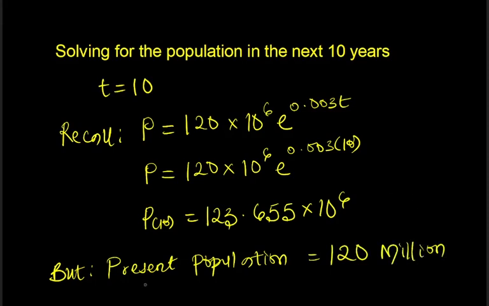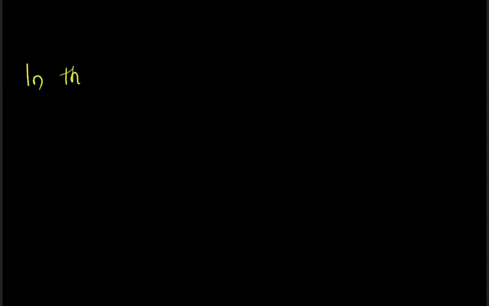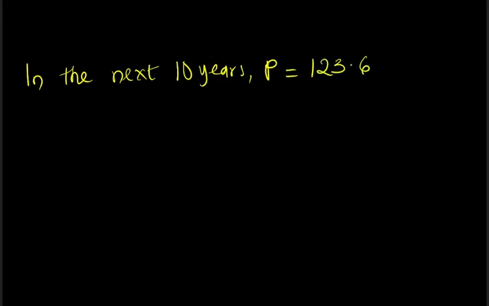Present population is given to be 120 million. What happens in the next 10 years? In the next 10 years, we are going to have our P be equal to 123.655 million.